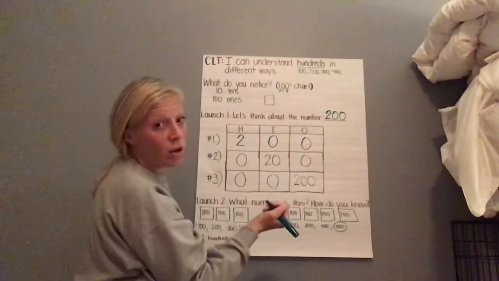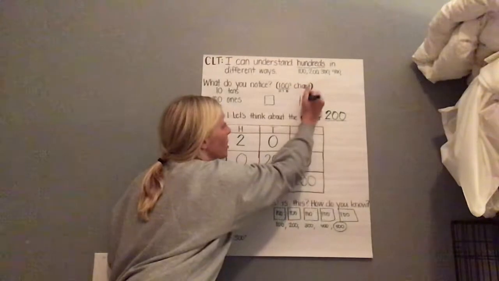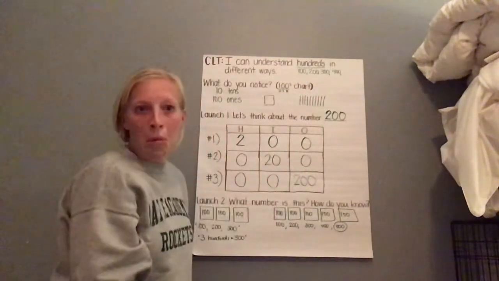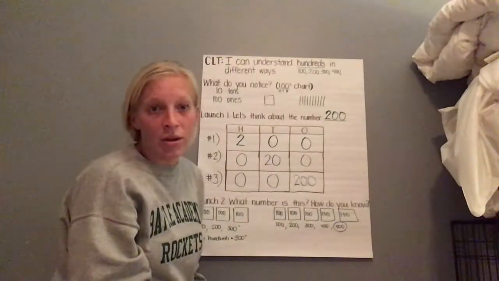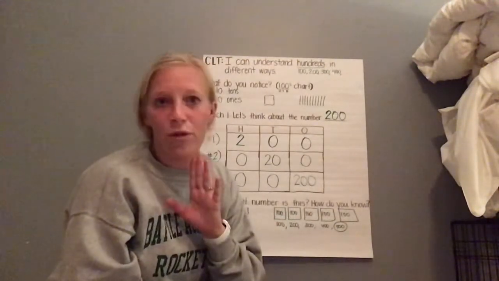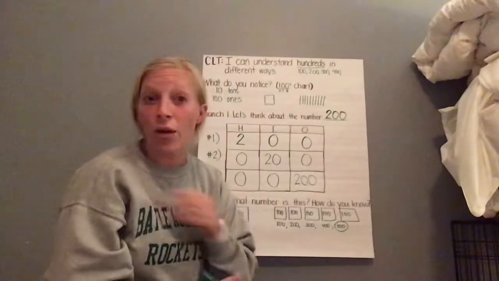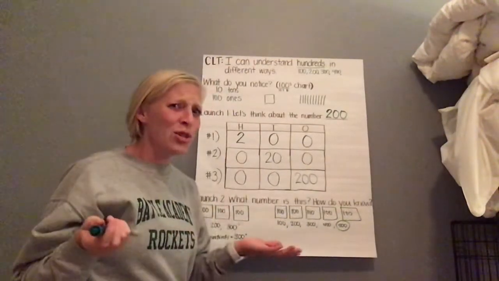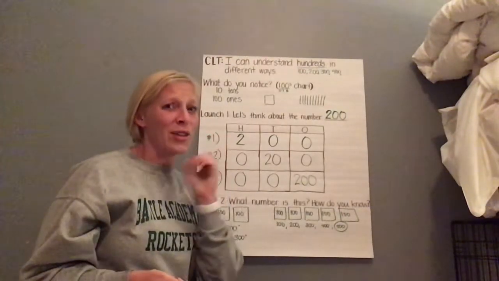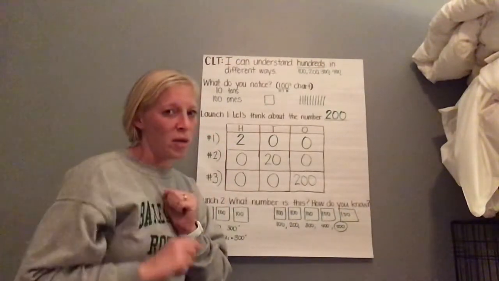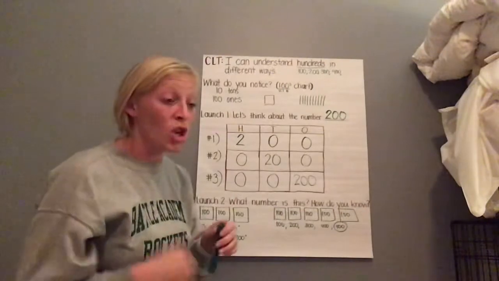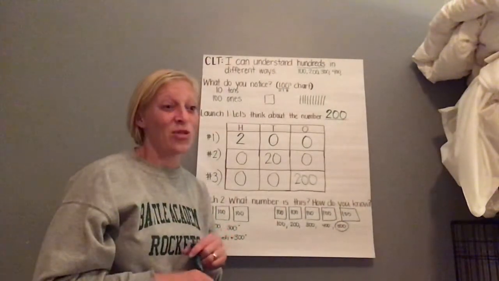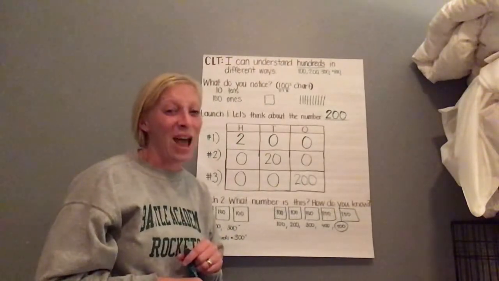I could have shown it like this: 10, 20, 30, 40, 50, 60, 70, 80, 90, 100. Or I could have drawn out 100 ones. Don't do that for the 400, please. We'll be counting them for days. But how could you show 400? Show me a way to show me 400. And then we'll go off and you'll get to draw numbers to make 1,000.